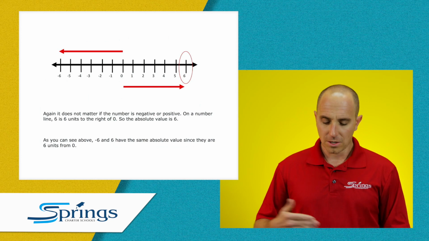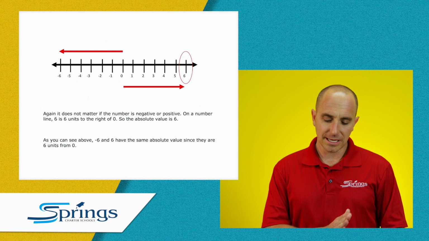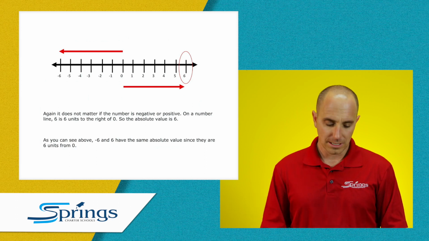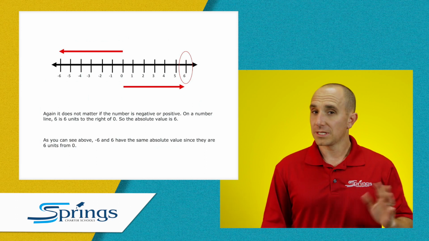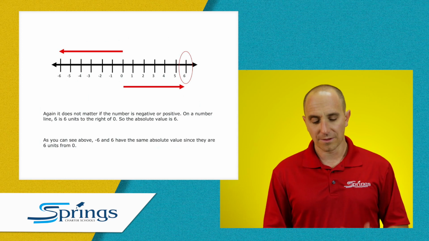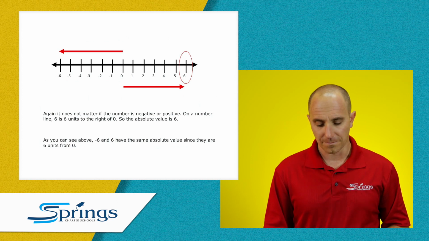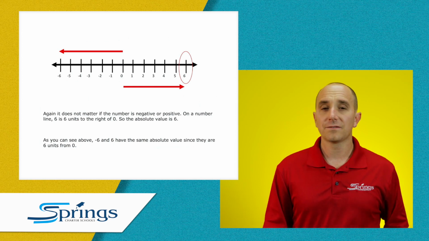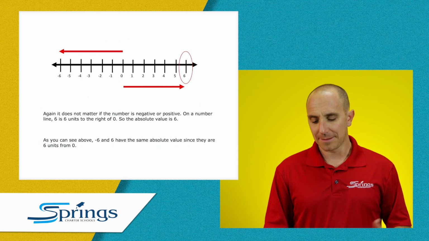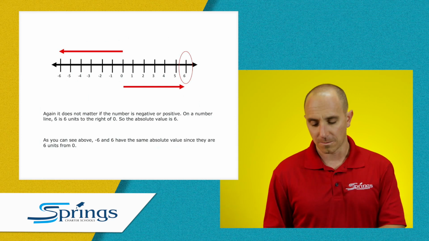If you see here, we have 6 circled on the right-hand side of the slide, and you can see that it is 6 spaces from 0. Again, it doesn't matter if the number is positive or negative, because if I had a -6, it's still 6 spaces from 0. So whether it's -6 or 6, the absolute value is just 6 because it's 6 units from 0.